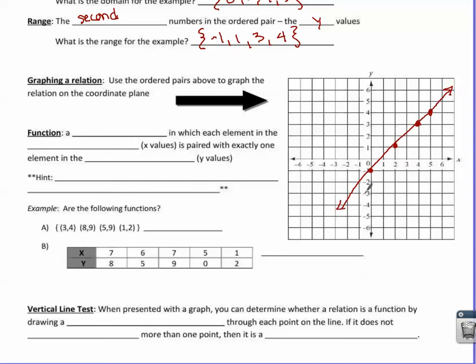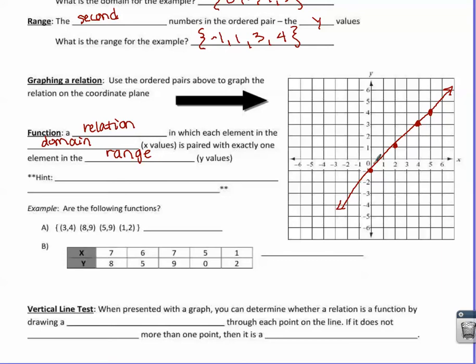Or a function. A function is a relation in which each element in the domain, or the X values, is paired with exactly one element in the range, or the Y values.